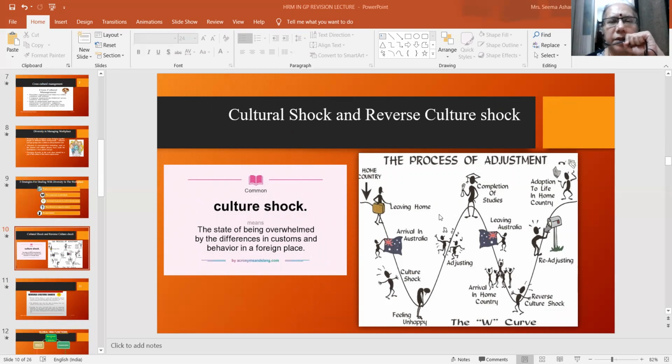A very interesting term or concept in this subject is culture shock and reverse culture shock. What do you mean by culture shock?